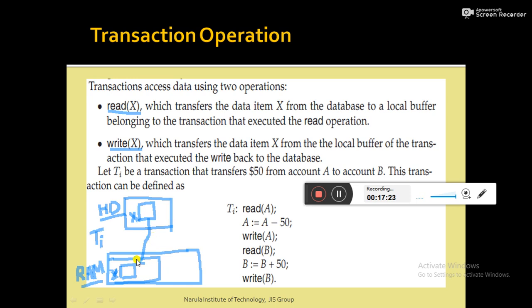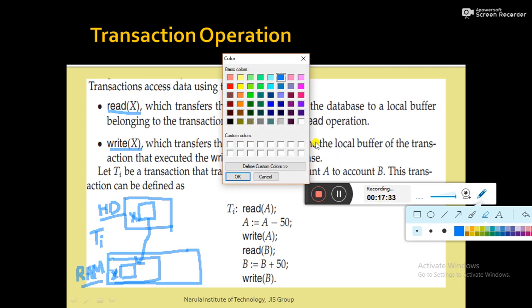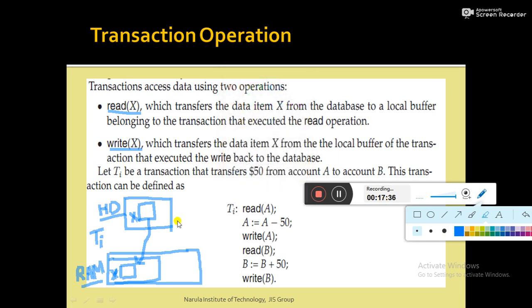That means when transaction Ti performs the write(X) operation, the data item X from the local buffer in RAM of that particular transaction is copied back to the data item X stored in the hard disk.